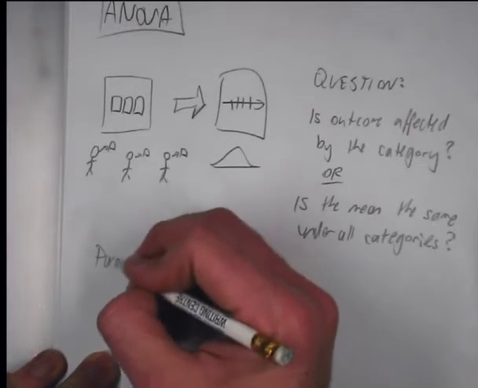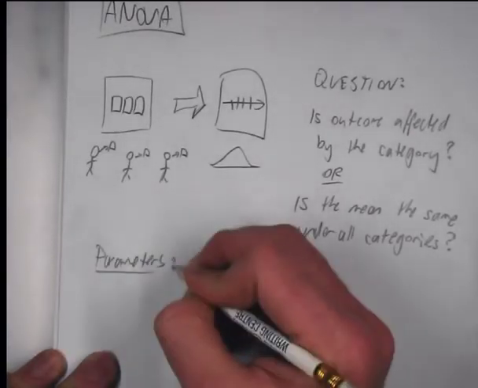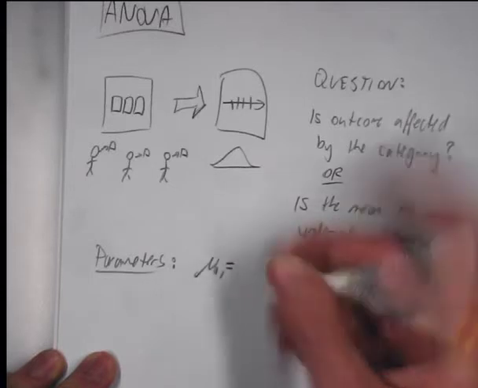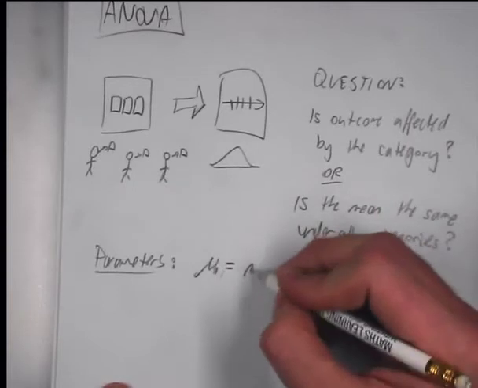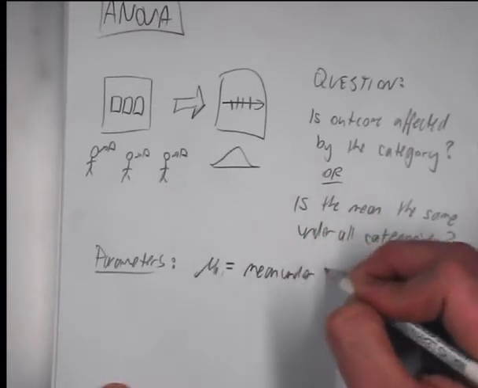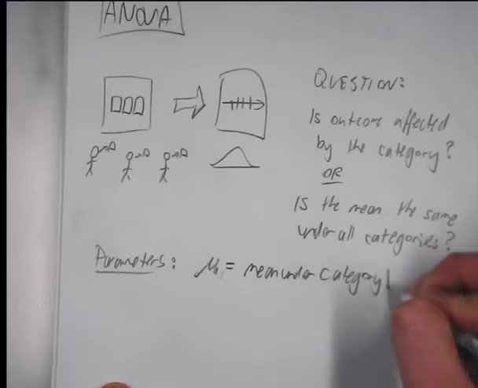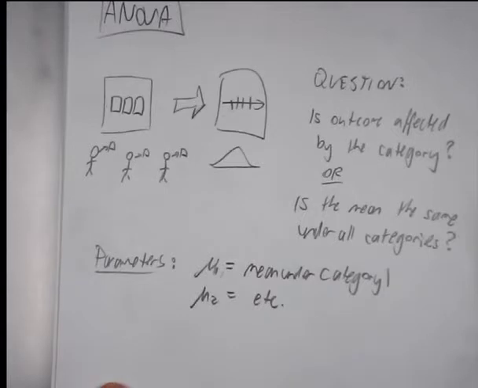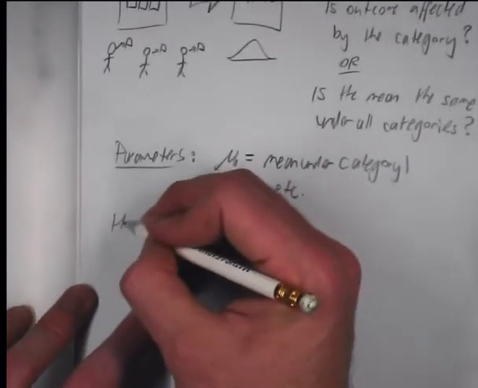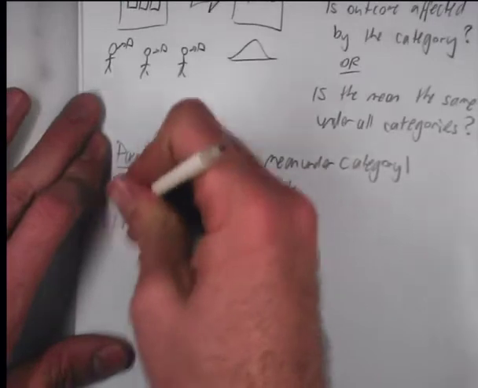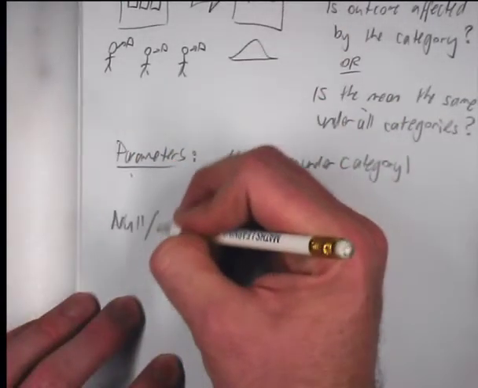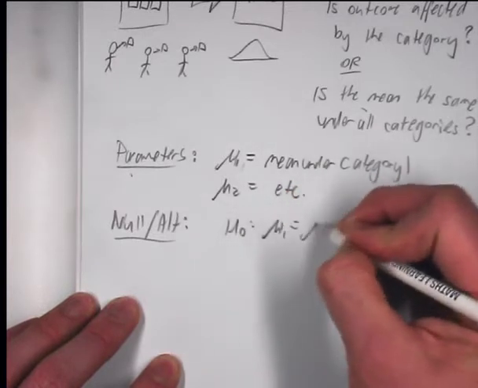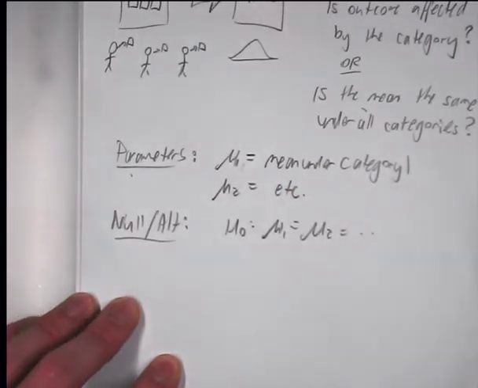So my parameters, mu1 equals mean in category number 1. mu2 equals, and etc., however many of them there are. And then my null, H0, is that mu1 equals mu2 equals, and so on, however many of them there are.